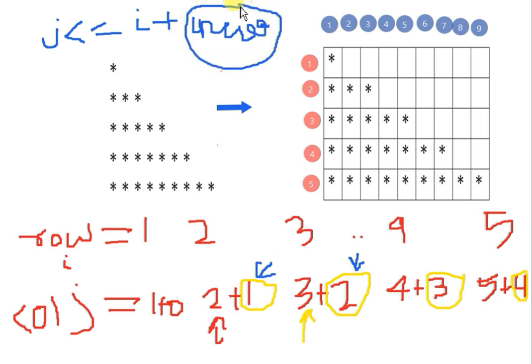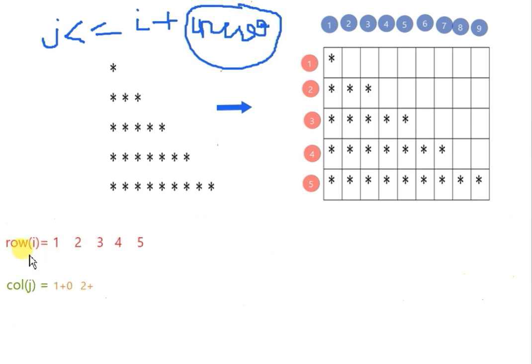So let me clear. We can see that I have written the rows number and the column number, and we are establishing the relation. And we have seen that we have a relation something like j is less than equal to I plus some increment part. So for the very first row, there will be 1 plus 0 increment.